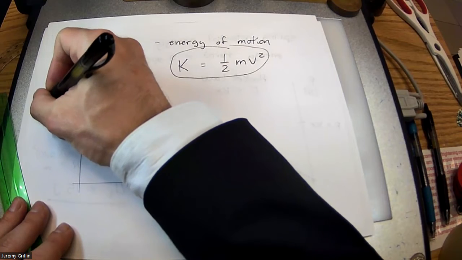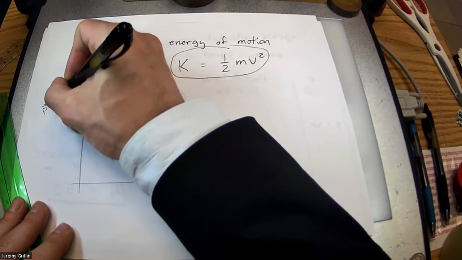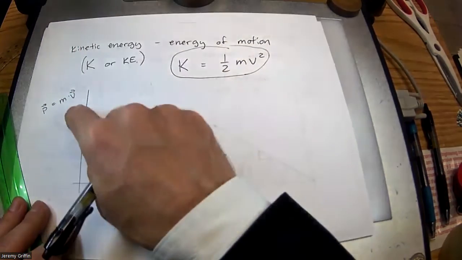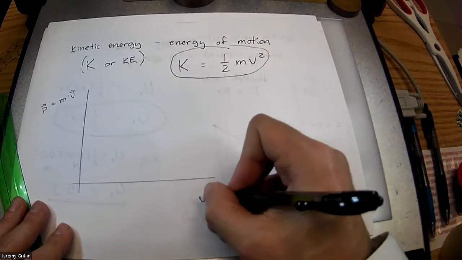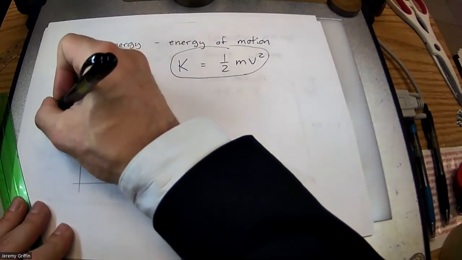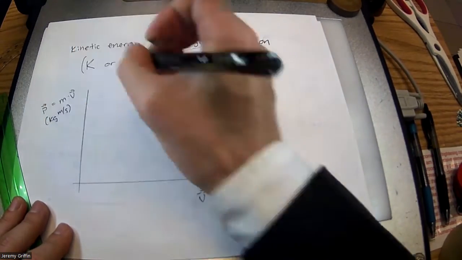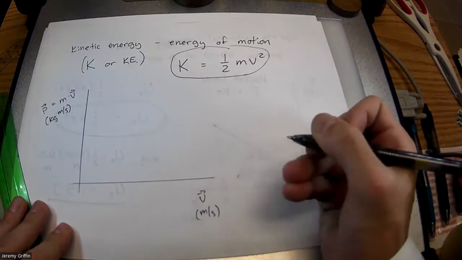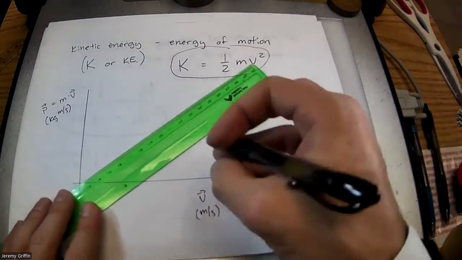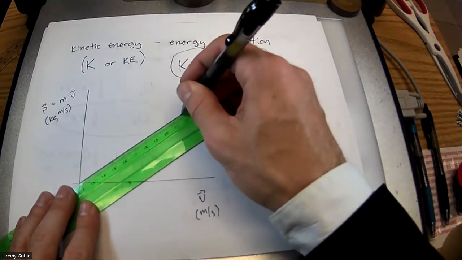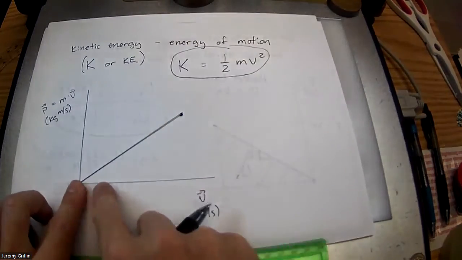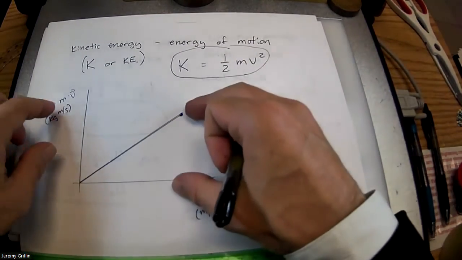But if that wasn't good, then maybe this works. A topic we're going to talk about in the future is momentum, and momentum is mass times velocity. Suppose I look at the momentum of an object as a function of its speed. This could be in kilogram meters per second for momentum, and this could be meters per second for the speed. Well, this would have to be a direct relationship, because if it has 3 times the speed, it would also have 3 times the mass times its speed.